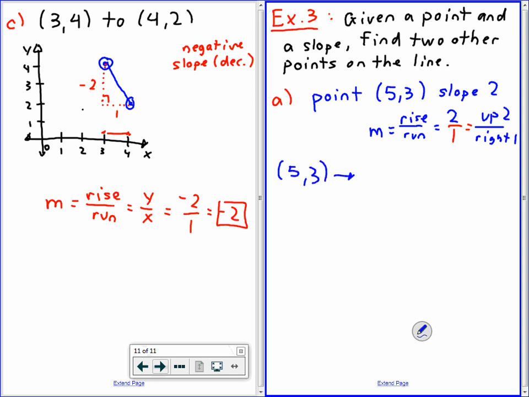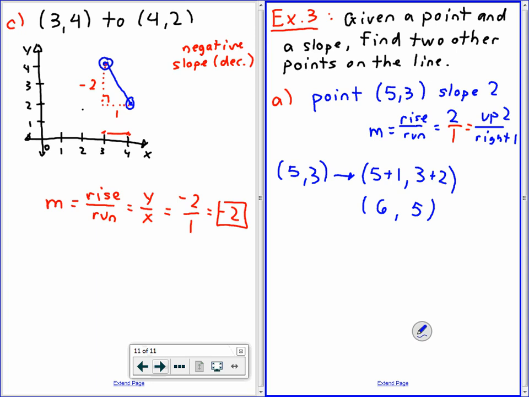The next point would be, your x value goes up by 1, which is 6, and you go up by 2, so 3 plus 2 is 5. That's one point. You can just count by 1s and 2s all the way through. Now, someone's going to say, can I go negatives? Yes. Instead of going plus 1, you can change these both to negative.